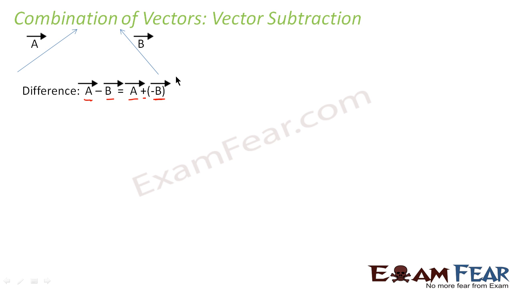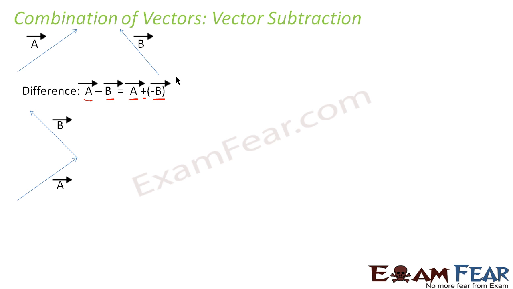So here also we will apply the same triangle law which we applied in the previous slide to add two vectors, just that in this case we will add A not to B, but we'll add A to minus B. So let us look at how we do that.